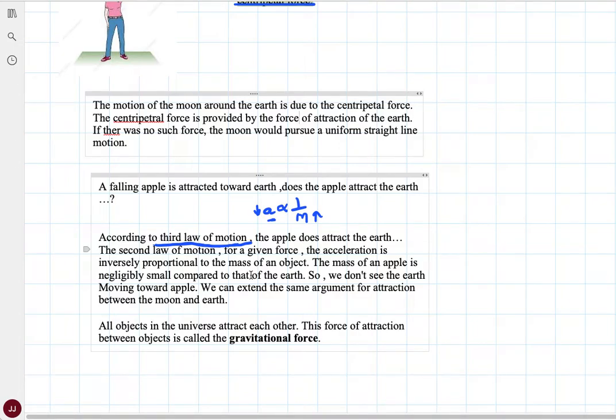We can extend the same argument to the attraction between the moon and the Earth. The Earth doesn't get attracted towards the moon; the moon gets attracted towards the Earth. So we can conclude all objects in the universe attract each other. The force of attraction between objects is called the gravitational force.